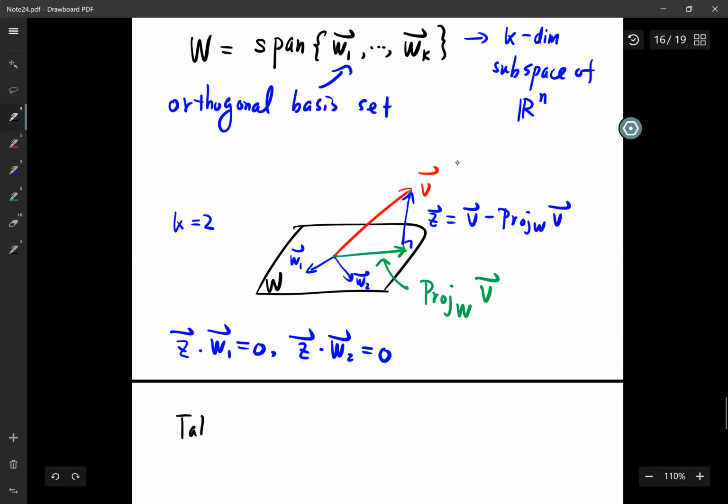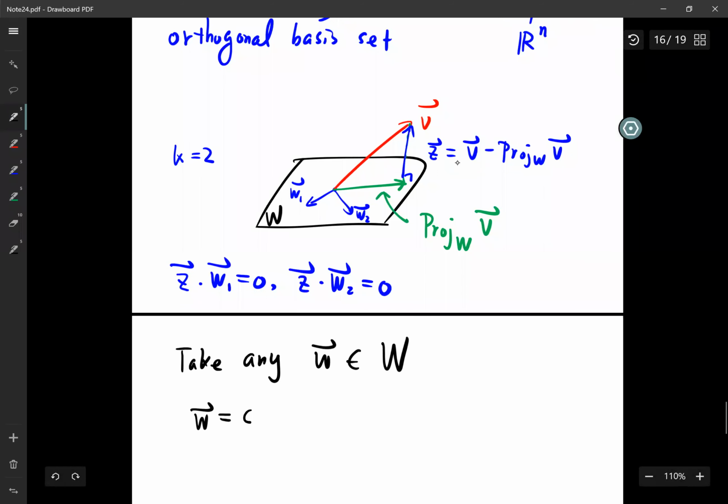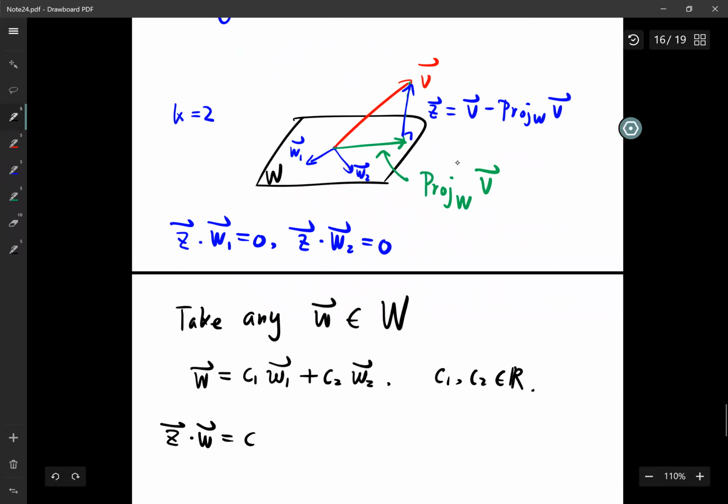Take any vector w in the subspace W. Then I can always write it using the basis as c1 W1 plus c2 W2 for some c1 and c2 in R. Now you see Z dot w equals c1 Z dot W1 plus c2 Z dot W2.